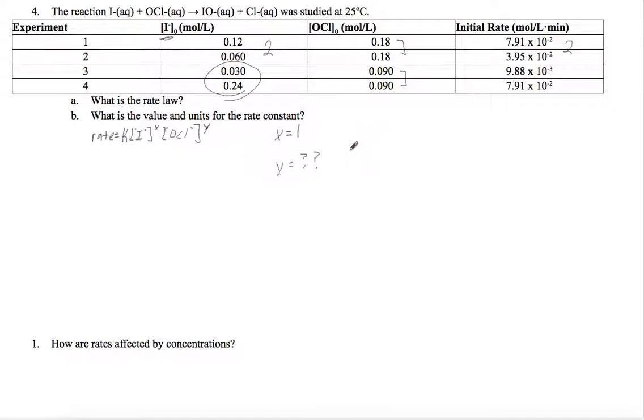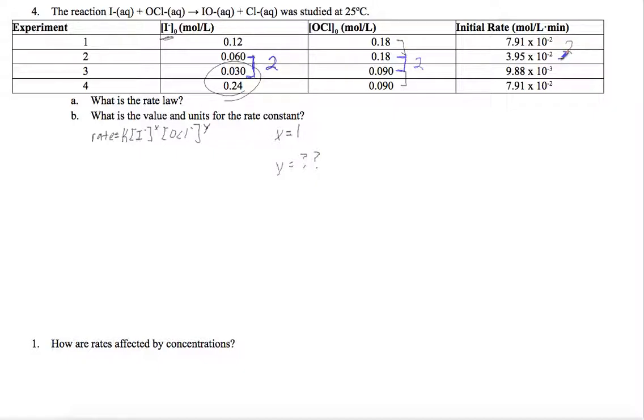Now I have to figure out what y is. We can look at a couple different reactions here, and I'm going to look at 2 and 3. The reason I'm going to look at 2 or 3 is because they have nice values to them. This one doubles here. This one doubles. And then this one also doubles.